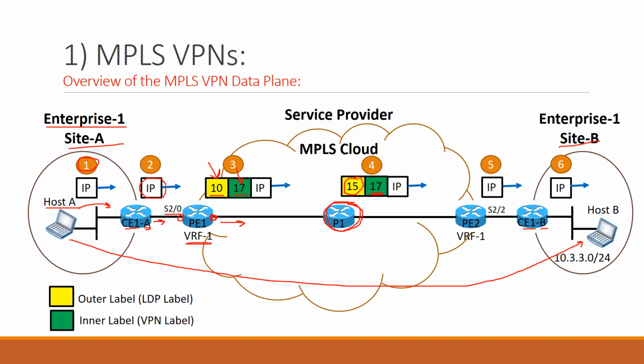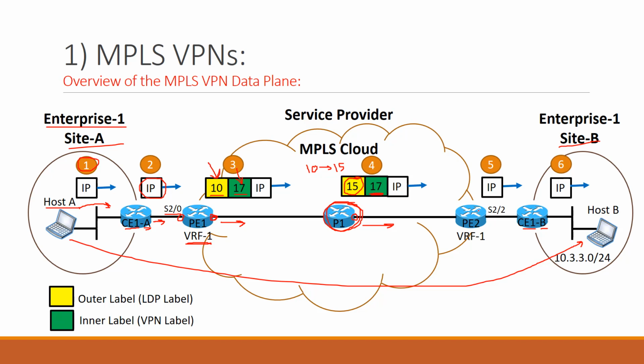It just checks the header with the S bit set to 0 and takes the action, which is swap from 10 to 15, and then checks the output interface, let's say this interface, and sends the labeled packet after swapping the outer label from 10 to 15.